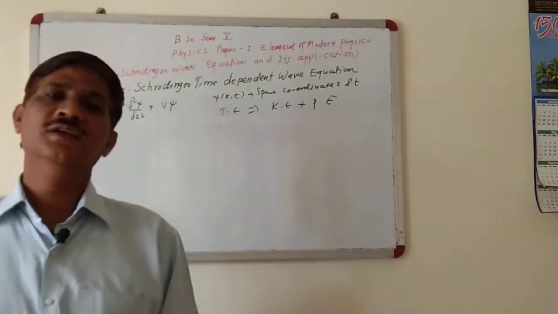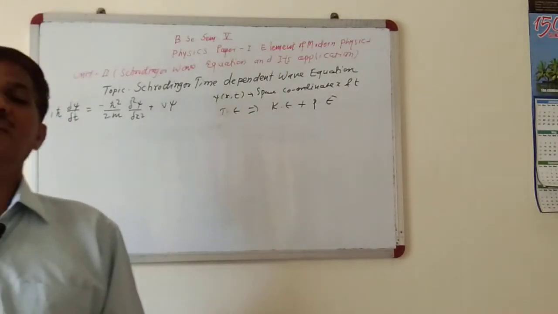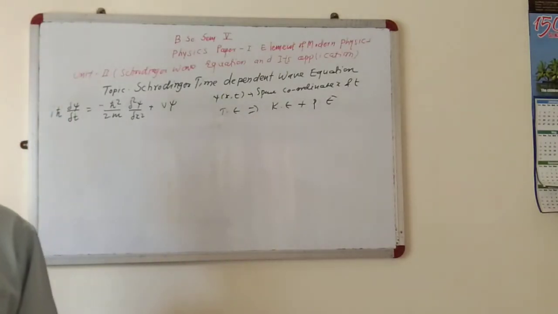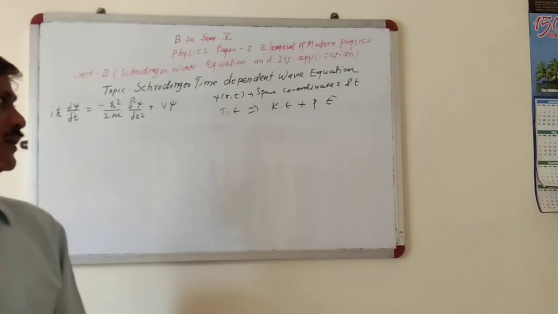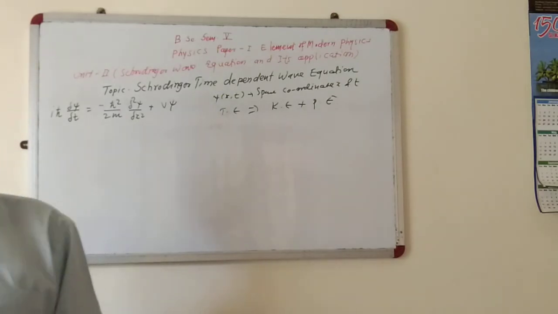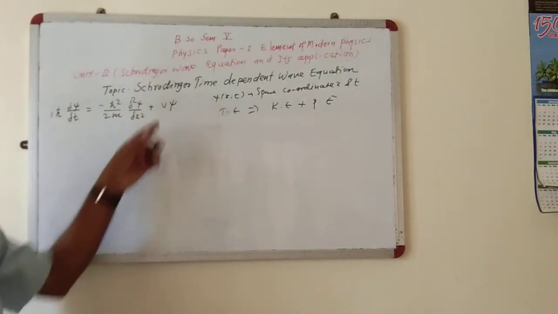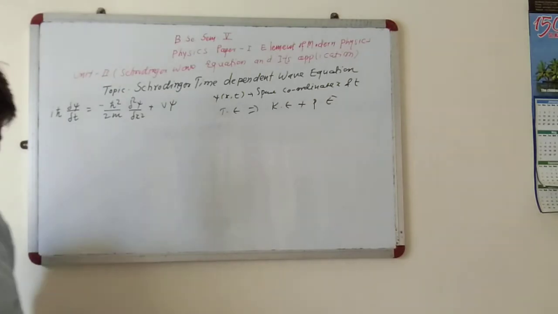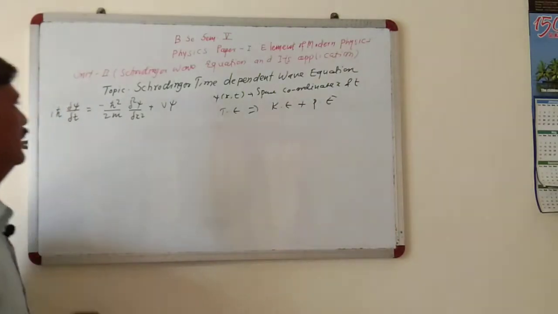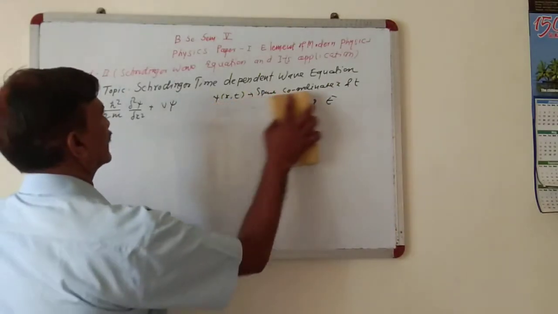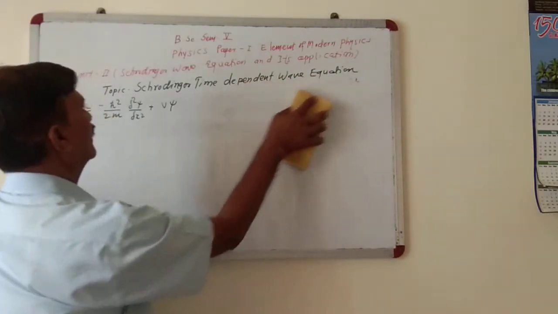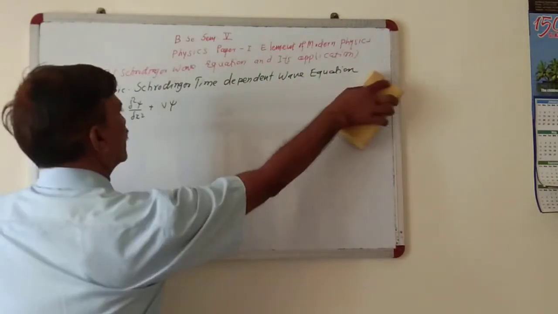The total energy is capital E, the kinetic energy is half mv², plus the potential energy V. Here V is called the potential energy. In this way we obtain the one dimensional Schrodinger time dependent equation.